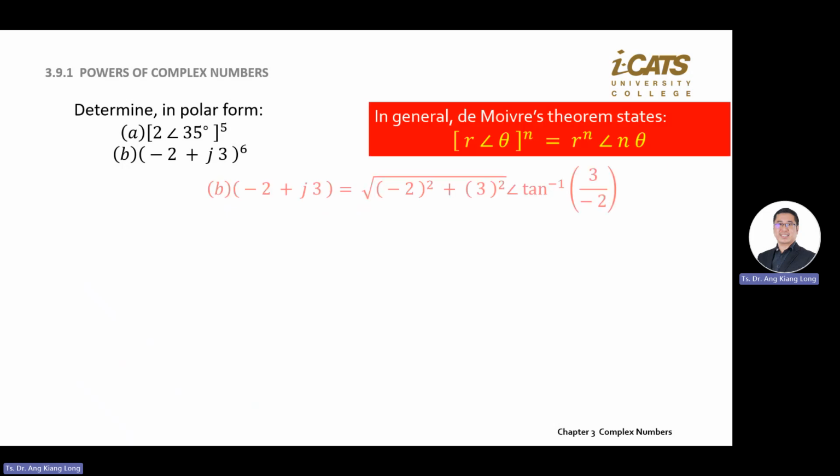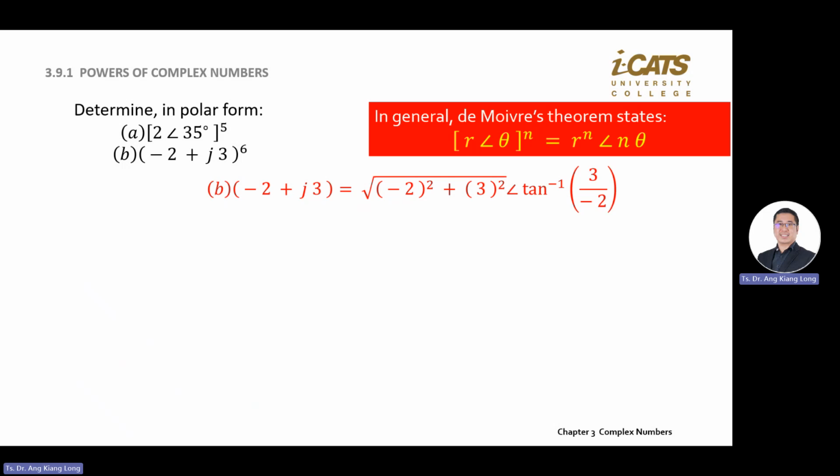Okay, let's say for B, you need to convert Cartesian into polar form, which means you need to find the modulus and also the angle, which is the argument, ARG. When you come to this section, we assume you already know these steps.